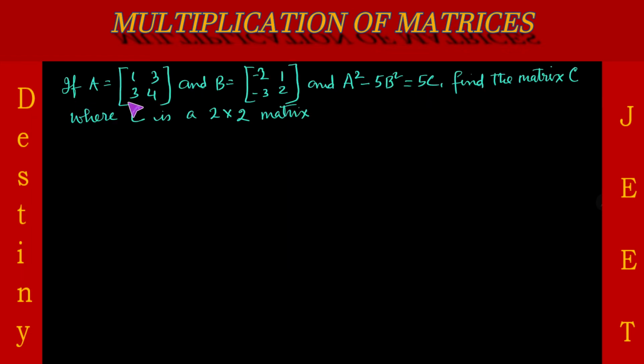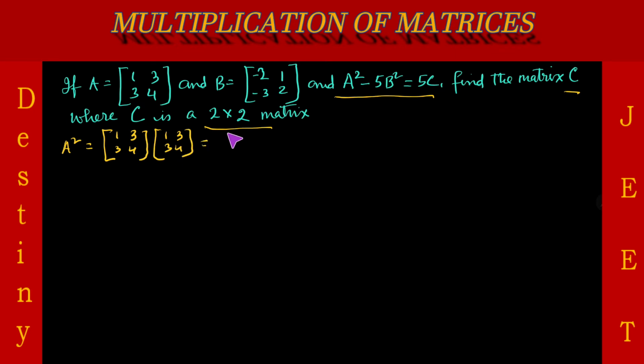Okay. Now let us solve this question. Given A is this and B is this, you have to solve the equation and find the matrix C, whose order is 2 into 2. Let's start. A square is equal to 1, 3, 3, 4, again 1, 3, 3, 4.